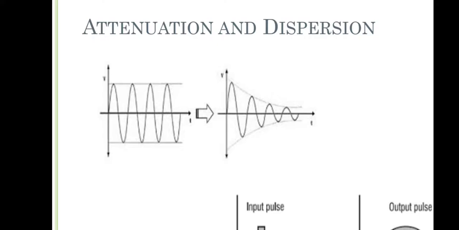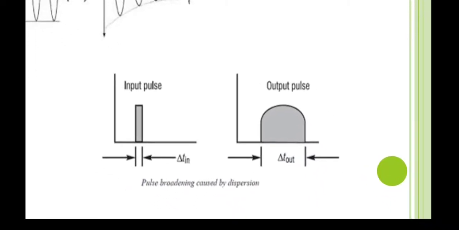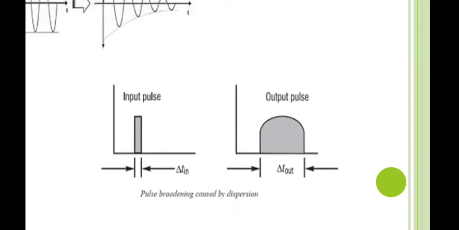And what is meant by dispersion? It is shown here. Dispersion means that due to some disturbances in the optical fiber cable, the input, which is in the form of an input pulse, changes. On the left hand side we have an input pulse, and on the right hand side we have an output pulse. The input pulse width is very small and the output pulse width is very large. So the information with respect to time gets changed.